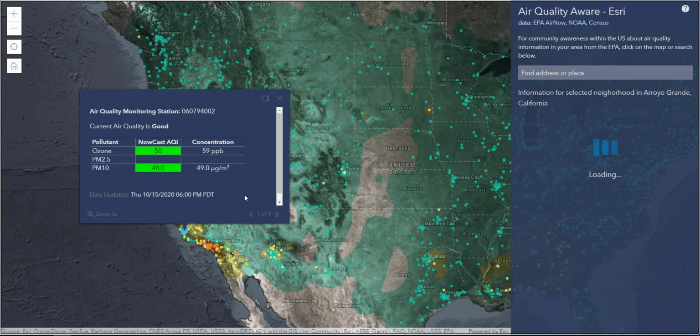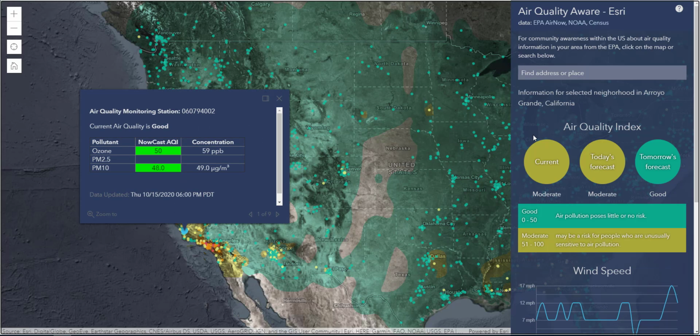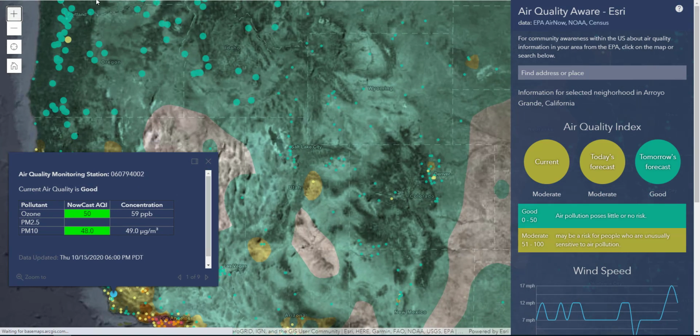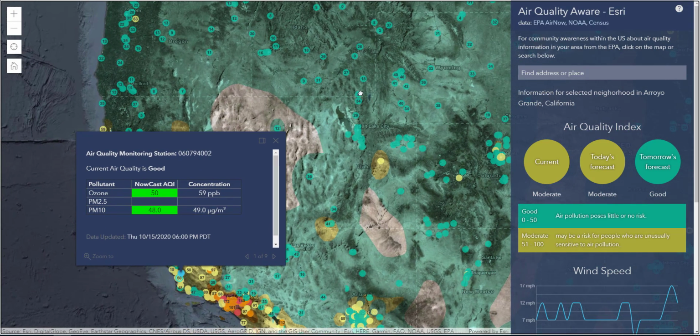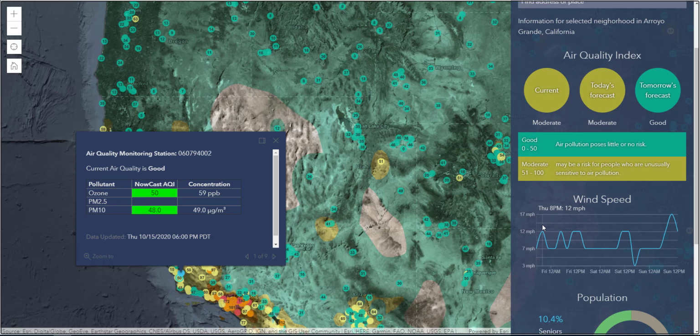We can start to look at, okay, given the communities we're looking at, what is the air quality index and what is it currently? What is the forecast? And how do we respond? We also take a look at wind speed, so again, the value of layering different data sets together.